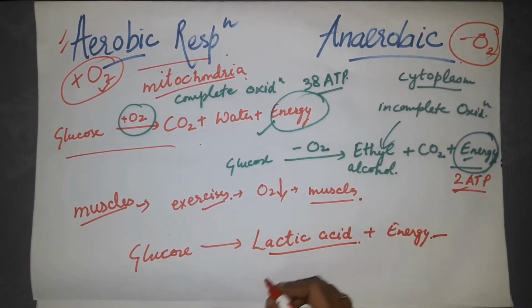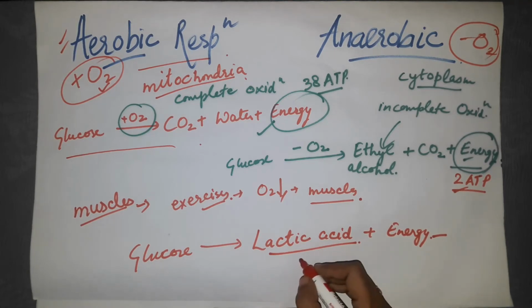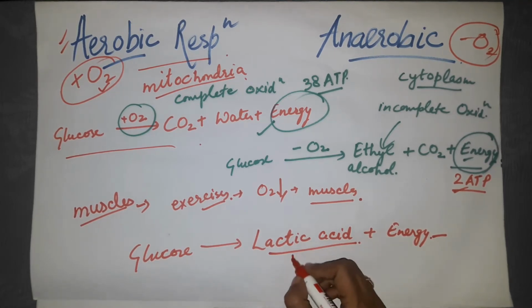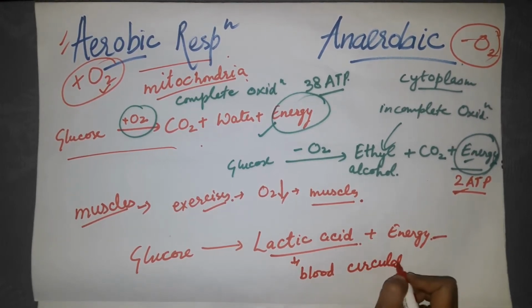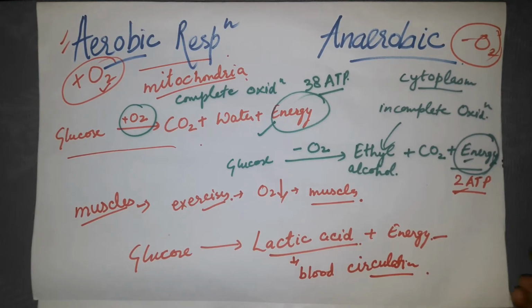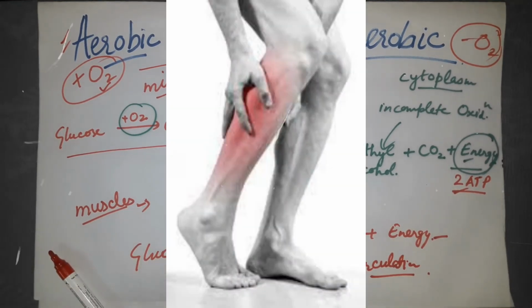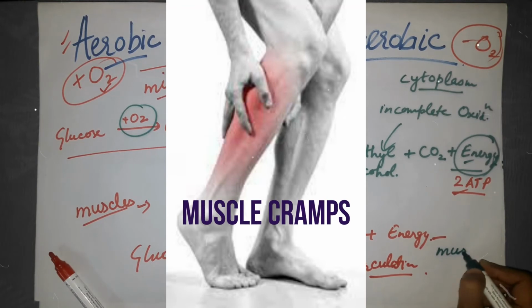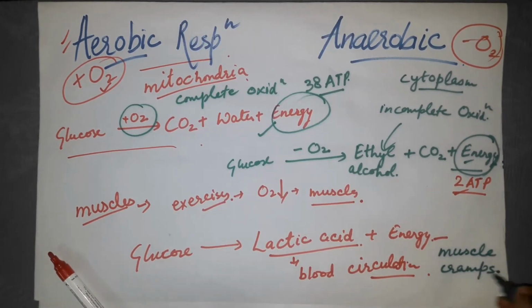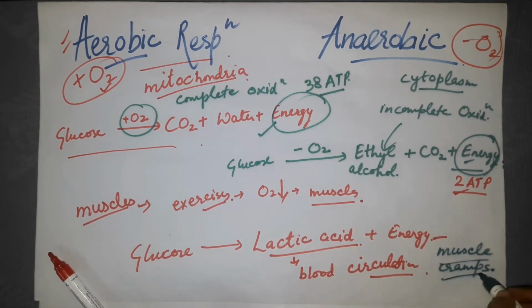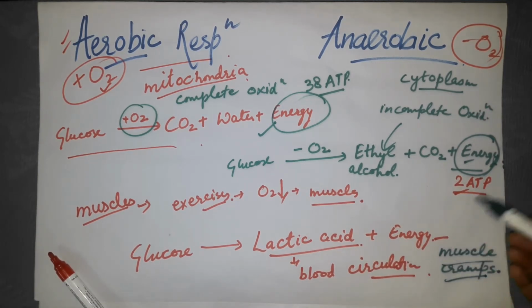This lactic acid will get collected in between the muscles, and then it will start affecting the blood circulation, and as a result we will have muscle cramps. When we take a hot bath or massage with lukewarm oil, these muscle cramps will be gone, because the cells will again start doing aerobic respiration.